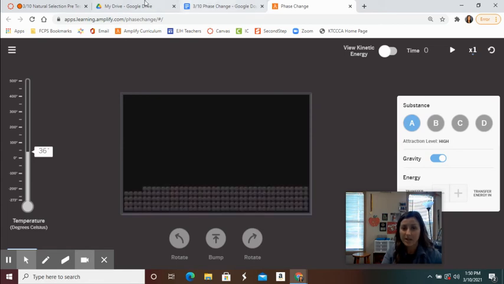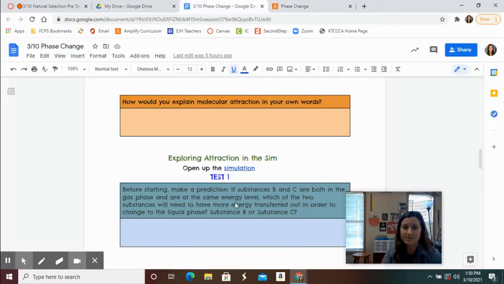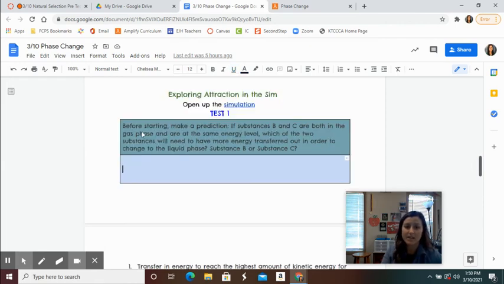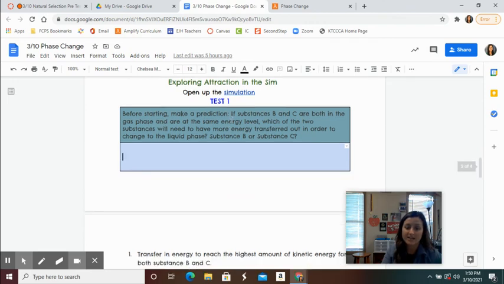And so based on that, you're going to look at some predictions. And so if we took substances B and C, and they're both in the gas phase and they have the same energy, which do you think will have more energy transferred out in order to make a liquid? Because remember, we have to transfer out energy to make a liquid. And depending on what the phase change is, you're either taking energy in or pushing it out.